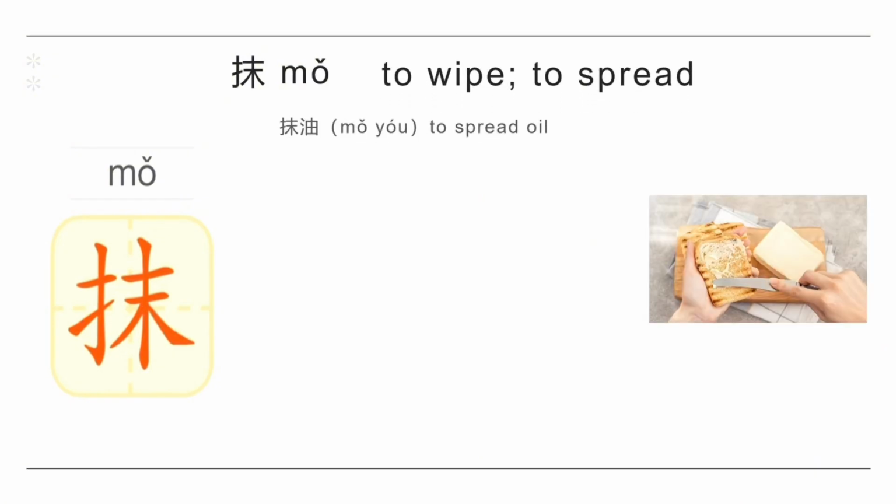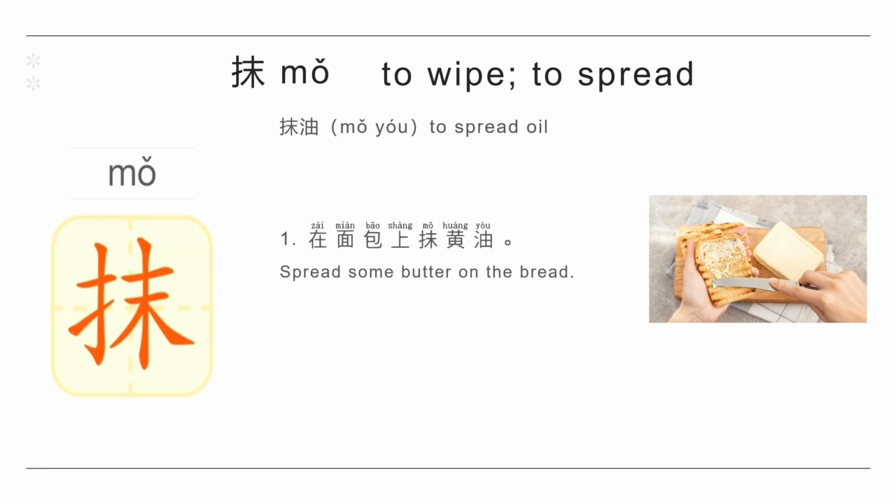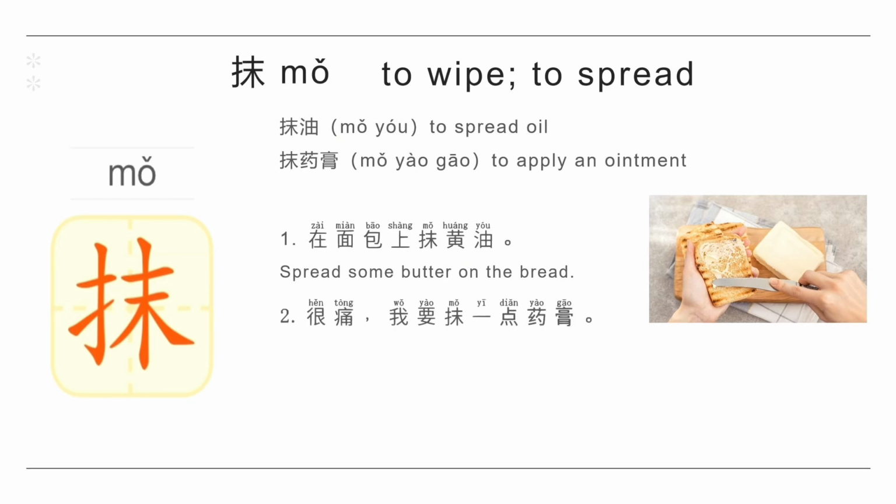For example, 抹油 to spread oil. 抹 spread, 油 oil. 在面包上抹黄油。Spread some butter on the bread. 抹黄油. 抹药膏 to apply an ointment. 抹 to spread. 药膏 literally medicine paste. 很痛，我要抹一点药膏。It hurts. I'm going to put some ointment on it.